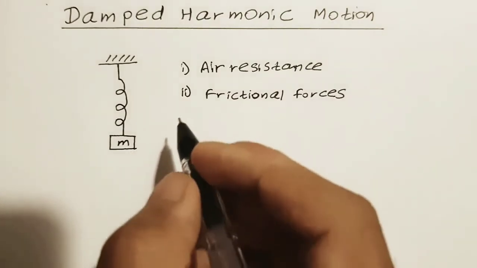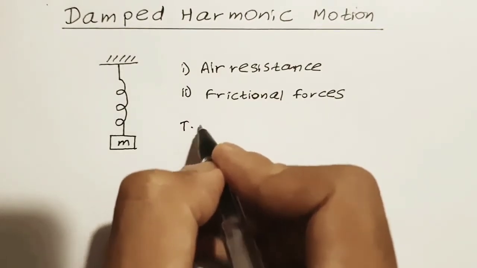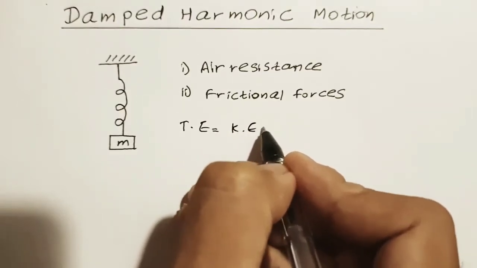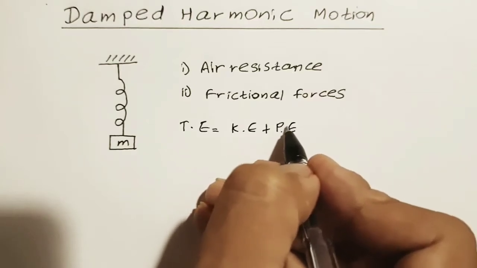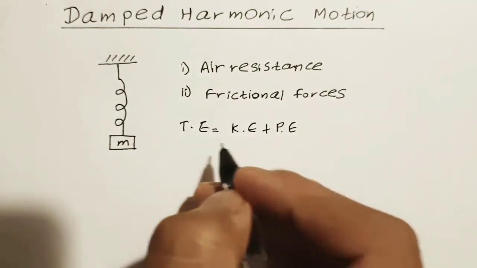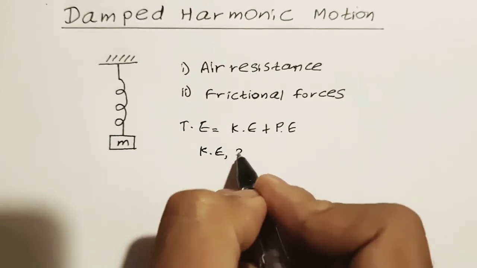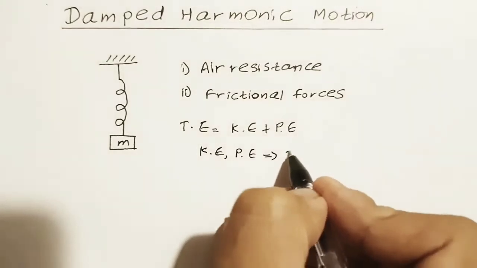This is because, by the conservation of energy, we know that the total energy is equal to kinetic energy plus potential energy. Here, this kinetic energy as well as the potential energy would eventually convert to thermal energy.